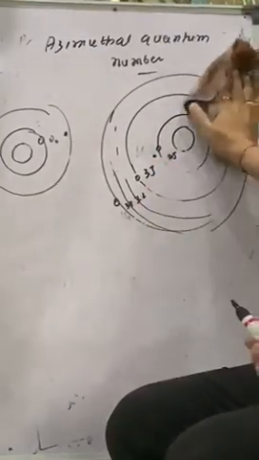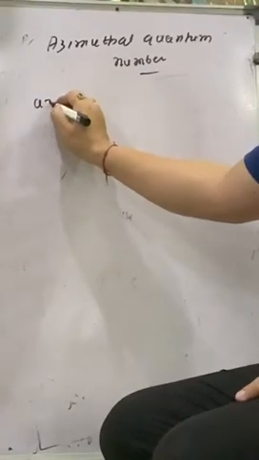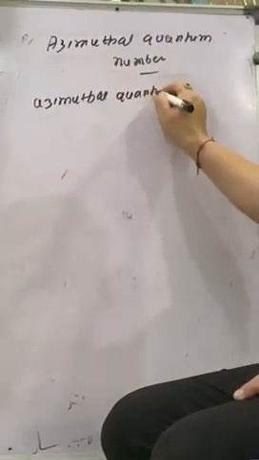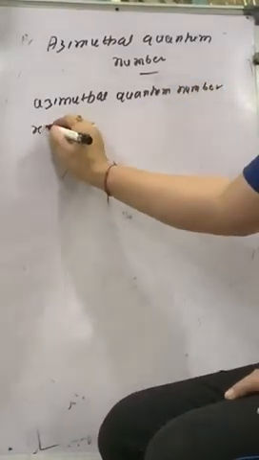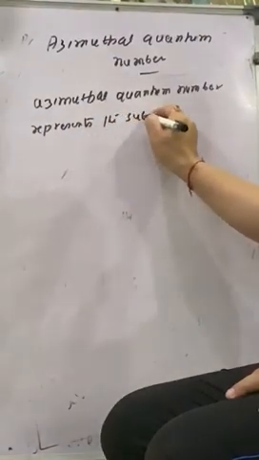Okay, so azimuthal quantum number only represents the suborbit number. Azimuthal quantum number represents the suborbit number.